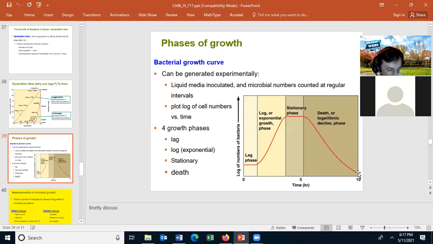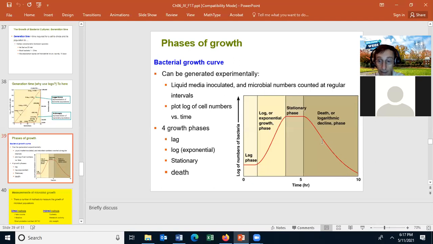A finicky and sensitive cell can die fairly quickly, maybe within a couple of days, certainly within a few weeks. But if the organism produces endospores, this could take years, decades, millennia.